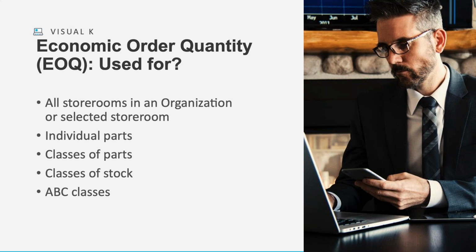Okay? You can also use classes of stock, right? And just like we were looking at economic order quantity, you can use that ABC class, right? So you can typically manage, let's say, that economic order quantity for a specific ABC class.